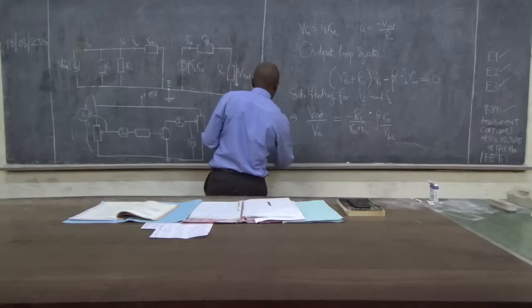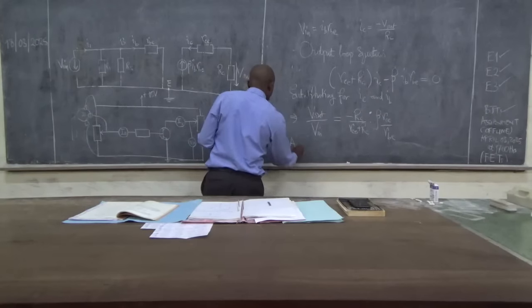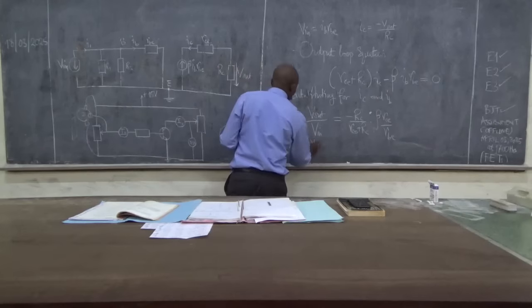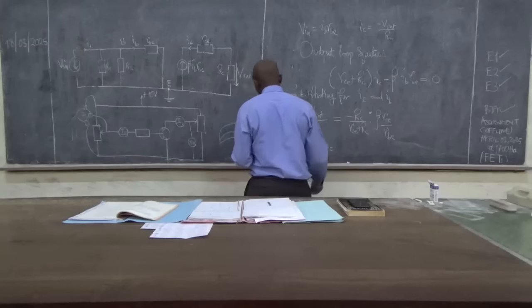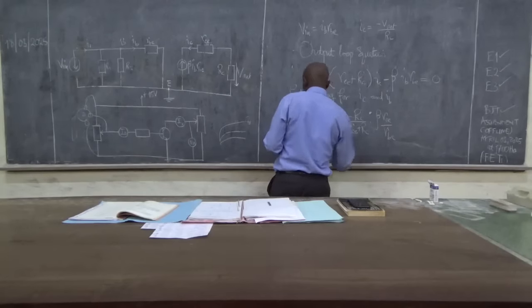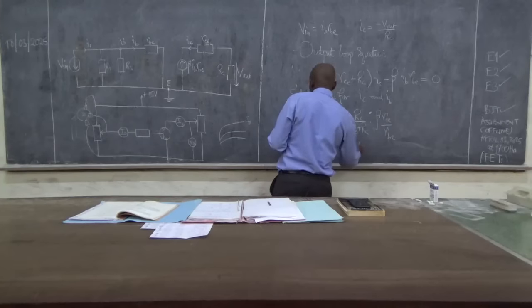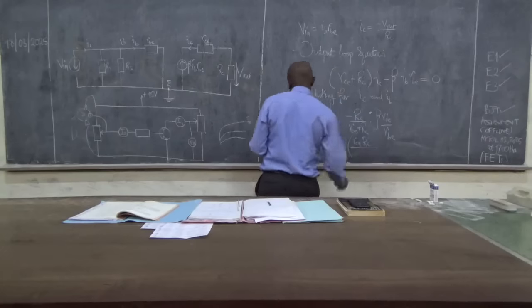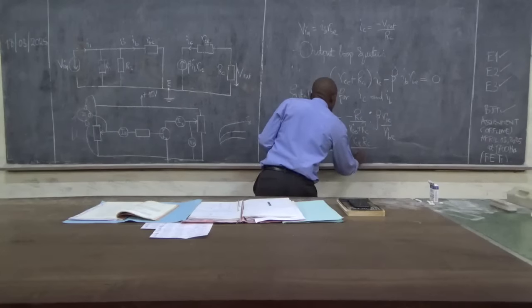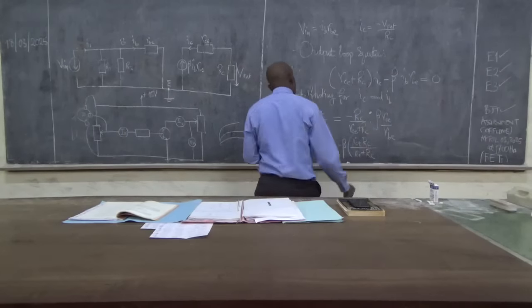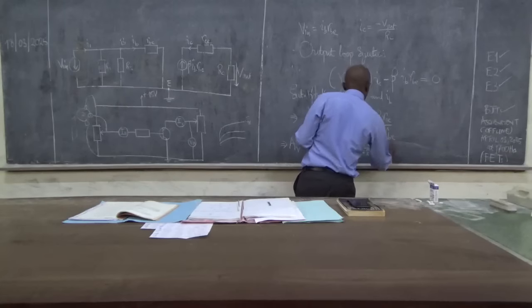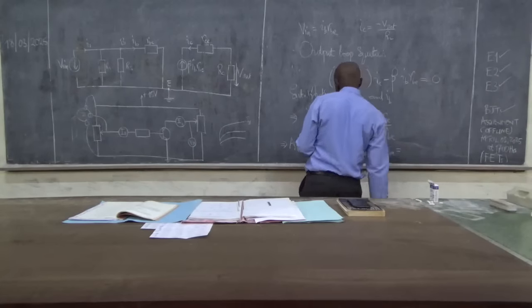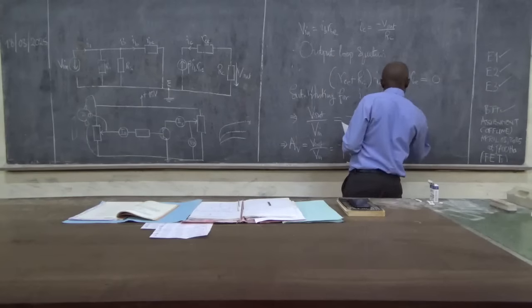So the voltage amplification is equal to the output over the V input, which would be the same as minus beta in RC over RCE plus RC over RBE, which is equal to minus beta in.